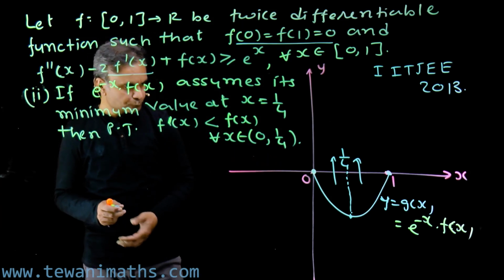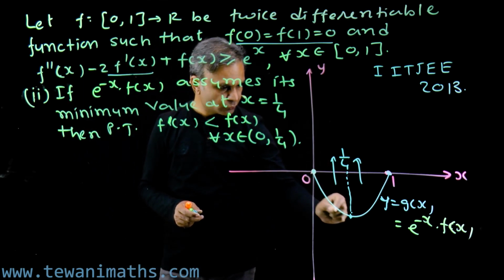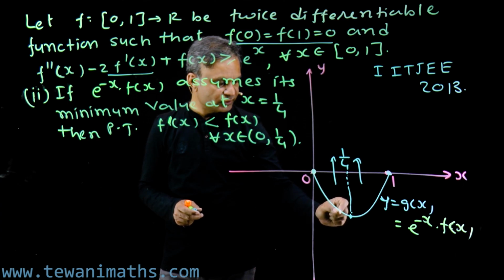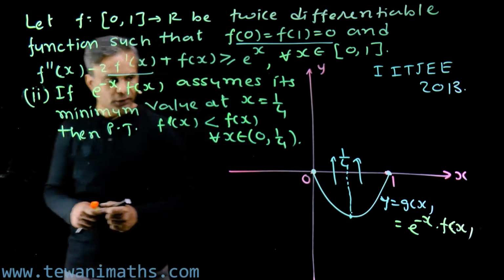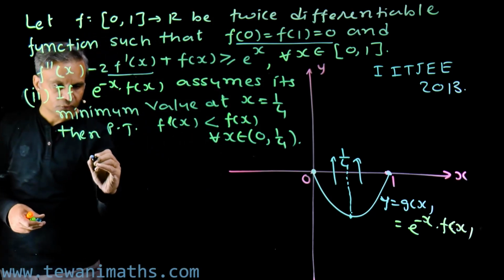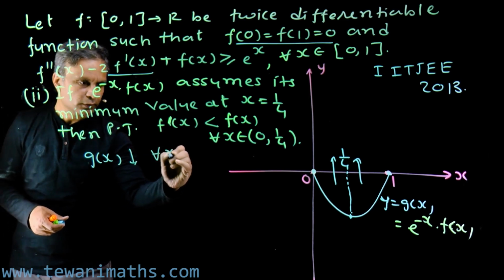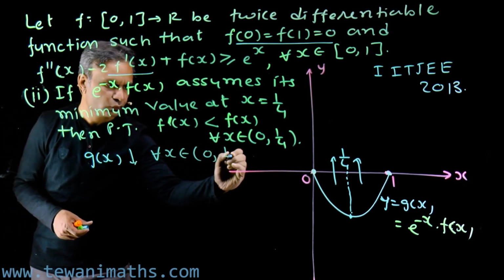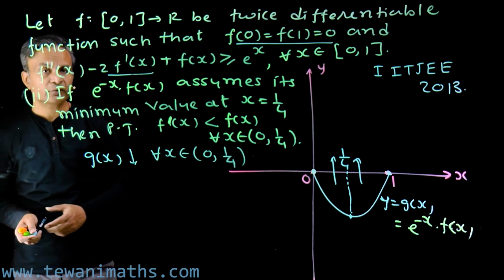It's simple. In the open interval 0 to 1/4, function gx decreases and then it increases. Function gx decreases for x belongs to the open interval 0 to 1/4, so its derivative will be negative.